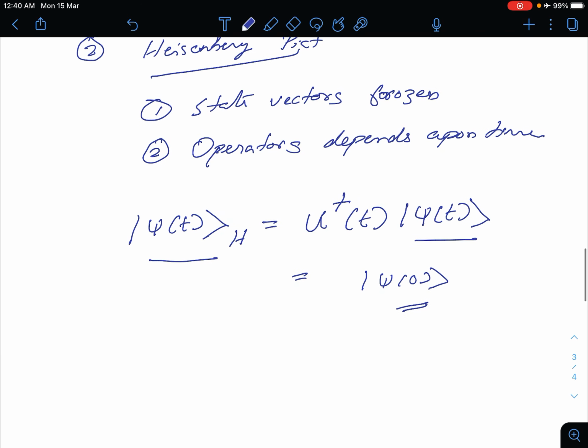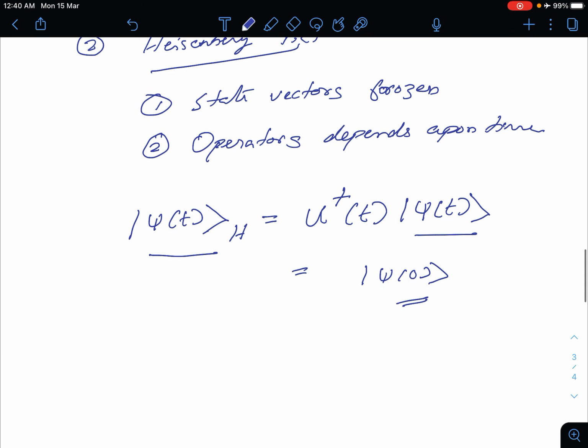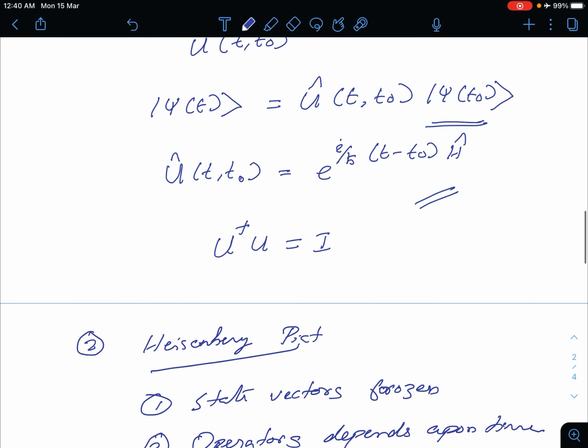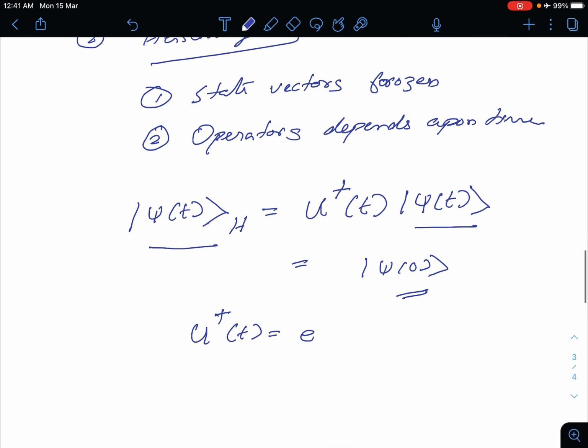So what is u dagger then? u dagger of t is simply e raised to i by h cross t h cap.